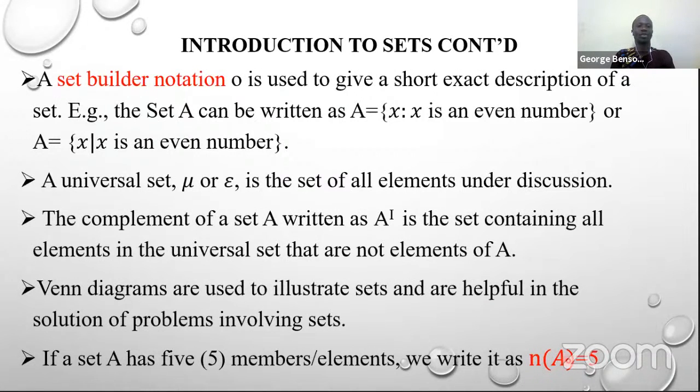So when we want to write the number of elements or members in a set, we use the small letter n and put the set we are talking about, in this case A, in brackets, and say it's equal to the specified number. For example, if I have a set A which contains the members 1, 2, 3, 4, 5, then n of A, which is also called the cardinality or the number of elements in the set A, will be equal to 5.